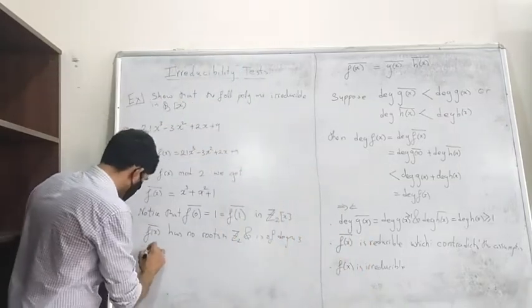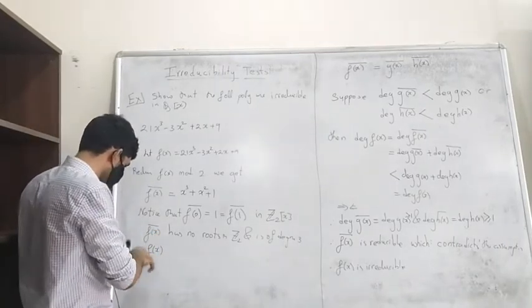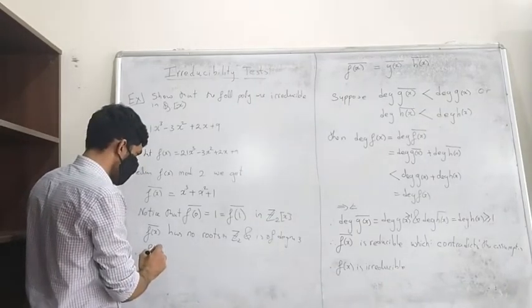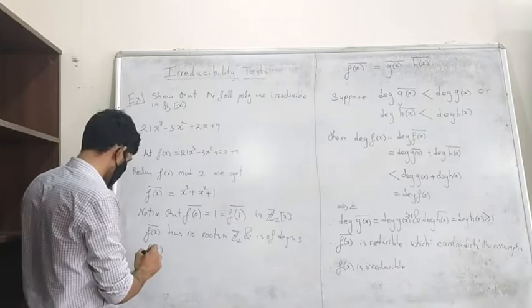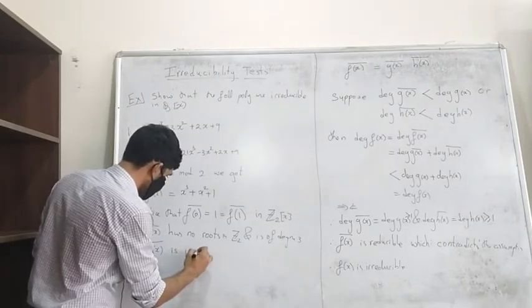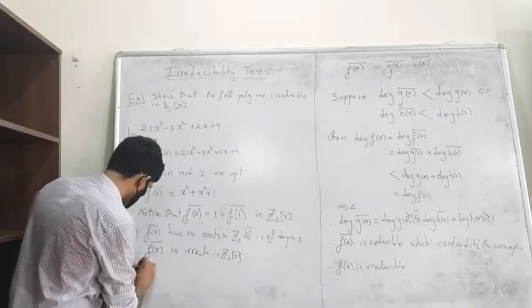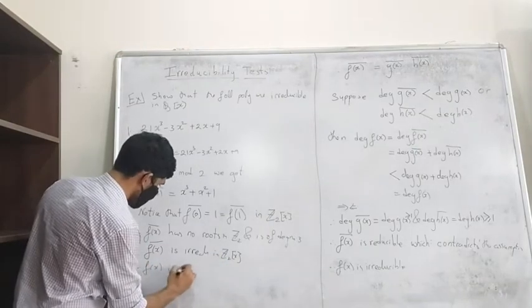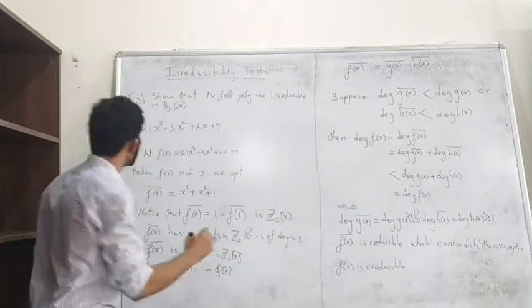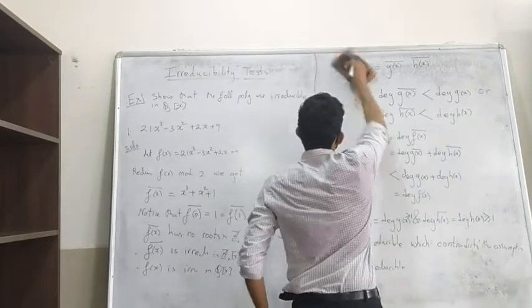Okay, so f of x is irreducible in Z2, which means that f of x is irreducible in Q. Okay, so that's one. Let's look at another case.